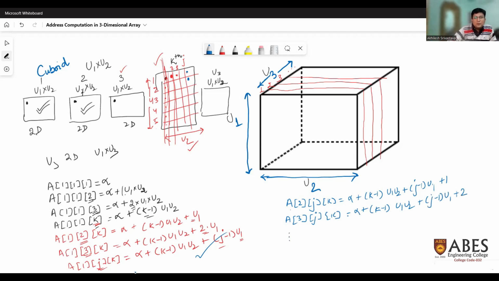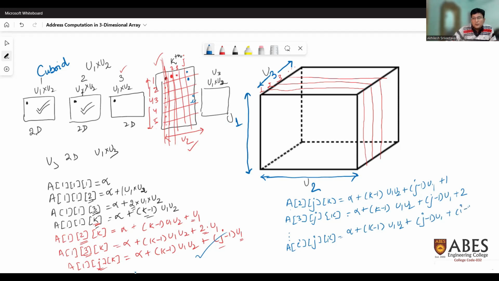Similarly, if I'm referring to some ith row in between, then the address of the element a, i, j, k is equal to alpha plus k minus 1 u1 u2 plus j minus 1 u1 plus i minus 1.